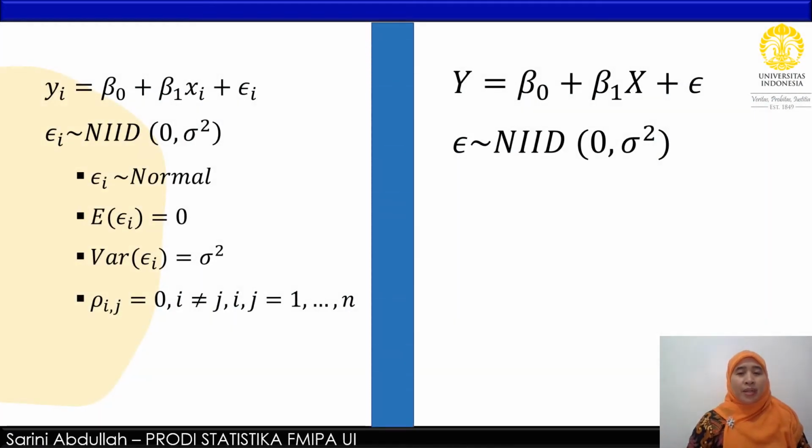Let's start by looking at the model. The general form of the model can be written like this formula: for observation i, let's say we have a sample of size n. For the i-th observation, we have the relationship yi equals beta naught plus beta 1 xi plus epsilon i.